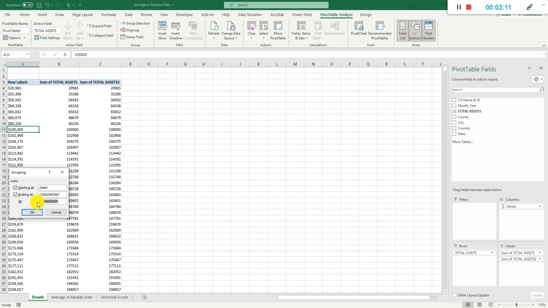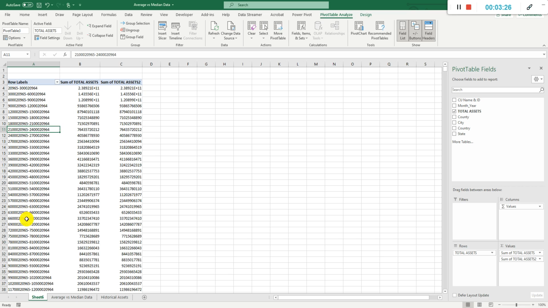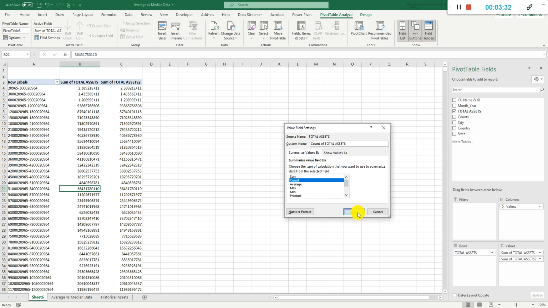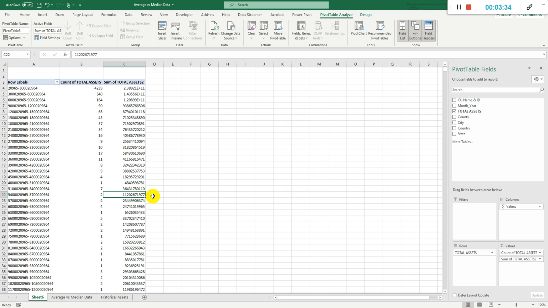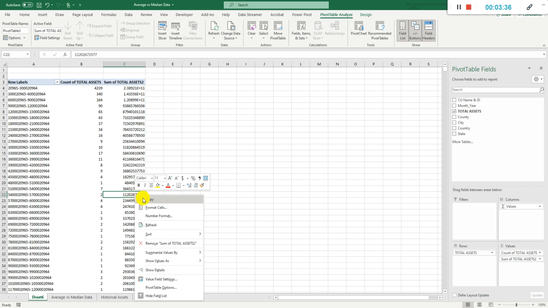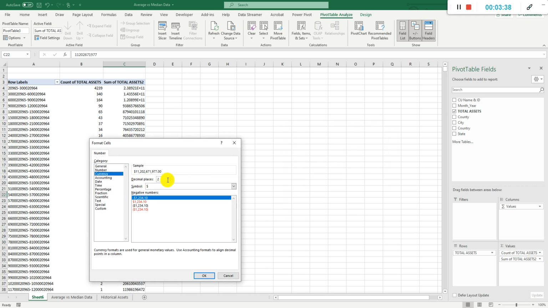So let's do buckets, increments of, let's do 300 millions. Now let's make column B a count. And let's make this column currency.